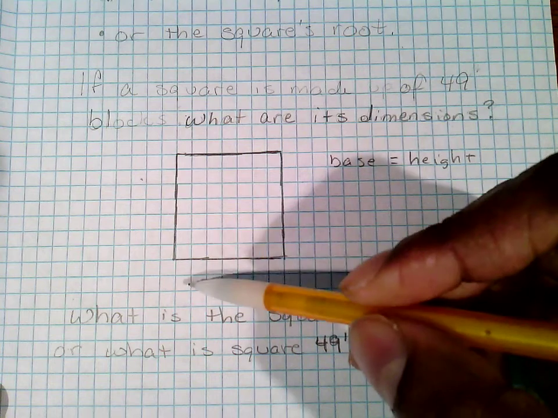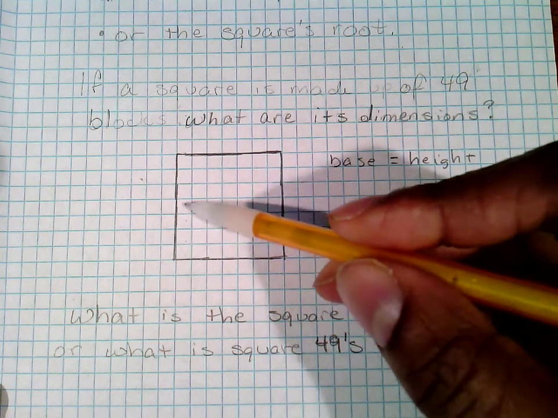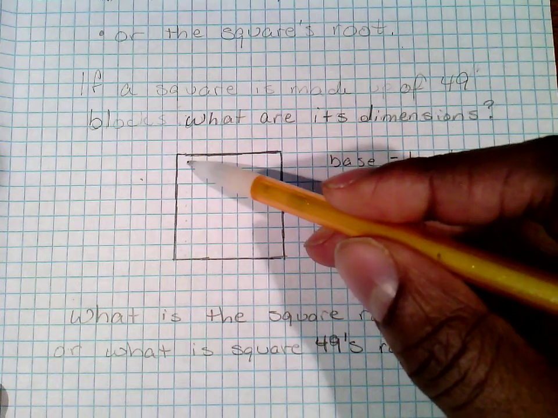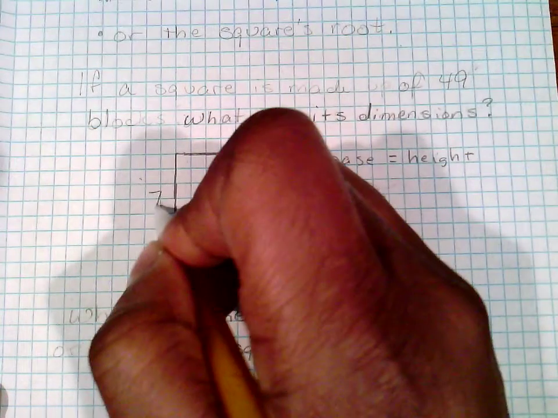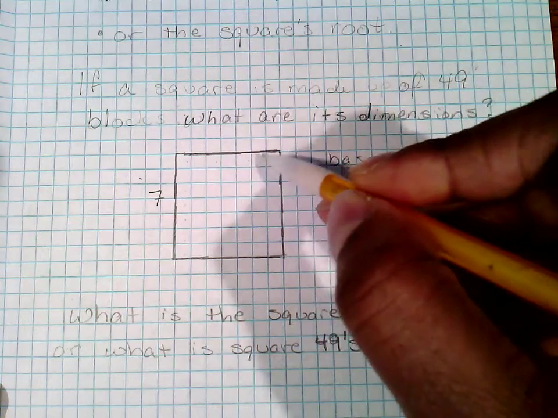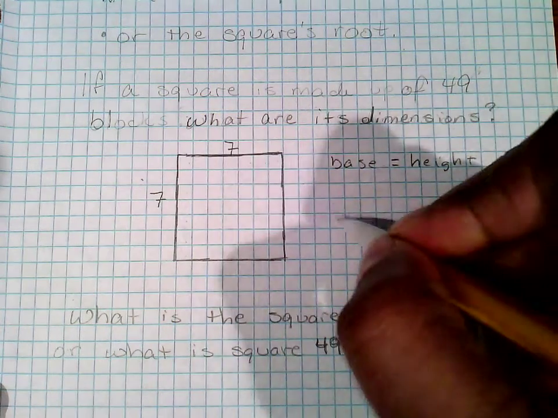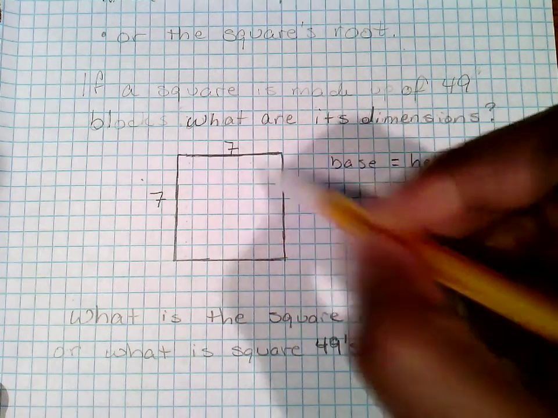All right. Now, if we count the blocks, 1, 2, 3, 4, 5, 6, 7 high, and then 1, 2, 3, 4, 5, 6, 7 long or wide, we see that the base and the height are equal.